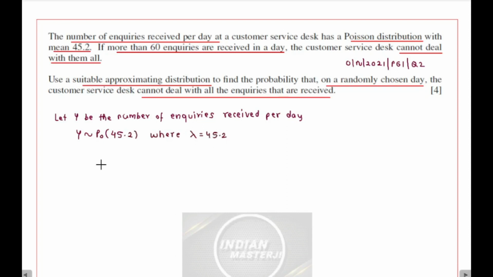So what we studied in the last video is that if lambda is greater than 15 for a Poisson distribution, then we can approximate the same Poisson distribution with the help of a normal distribution.